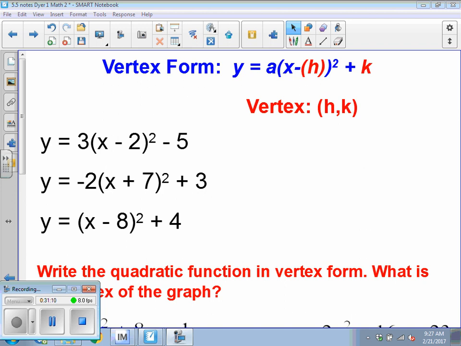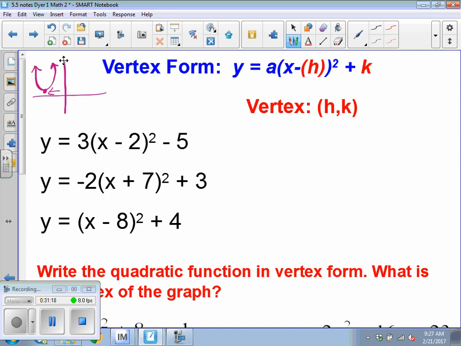This is your vertex. So if you have, here's our parabola, these go on forever, so that's my vertex, okay? Or if it opens like this, the highest point, that's a maximum, that's my vertex, okay? The lowest point is a minimum.